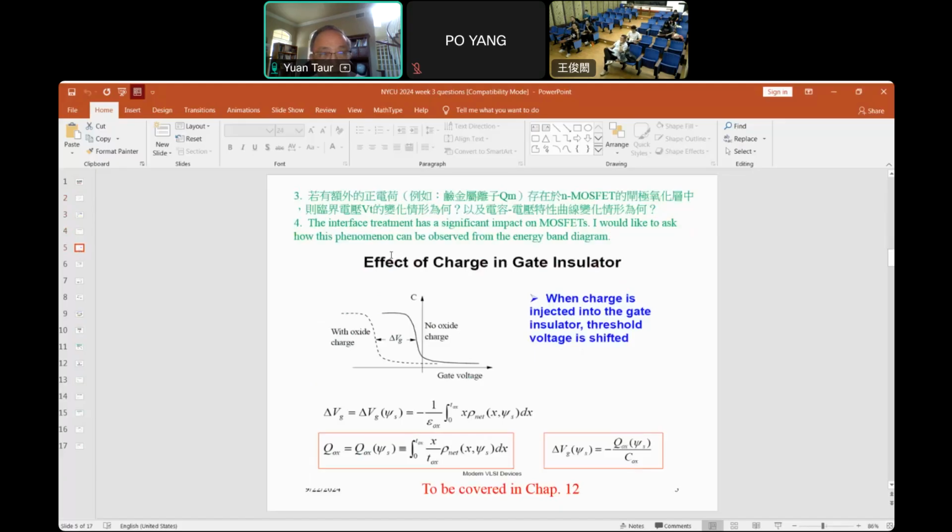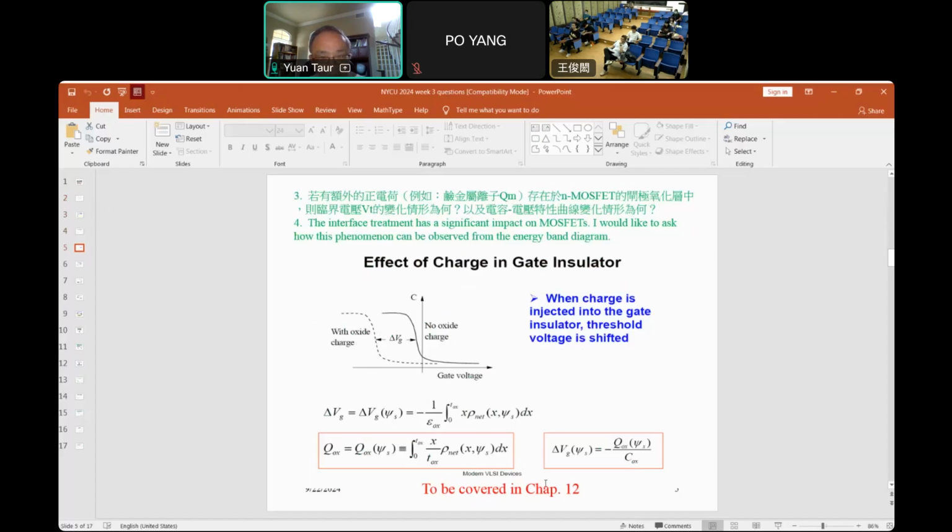Okay, next two questions. It's about if there's a positive charge, fixed charge in the oxide, in the gate oxide, then how does that change? And this actually, in chapter 4, we don't discuss that because for logic application, we try to minimize the charge in oxide, so it essentially has no effect.